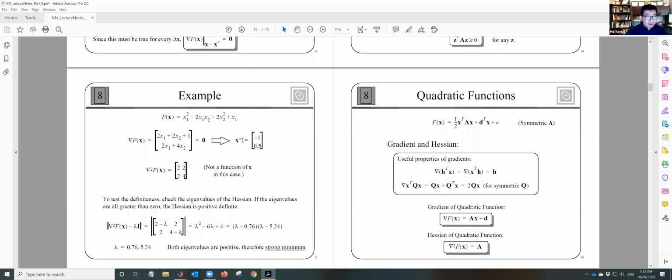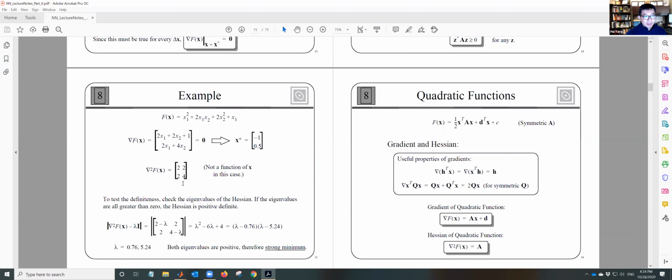Based on the x star, we are going to calculate the Hessian. This is not a function of x because this is only second order. You see, you only have second order, right? You don't have more than second order. So this is not a function of x in this case.